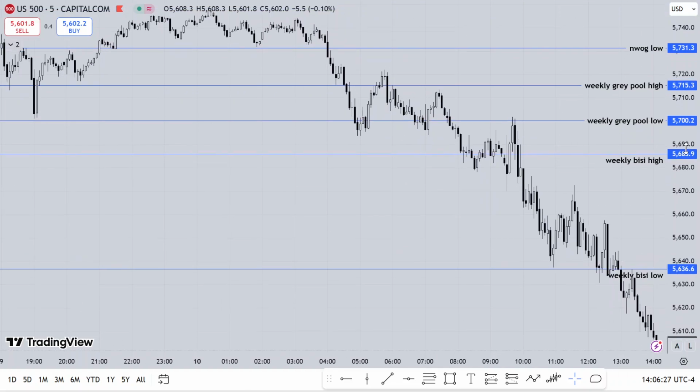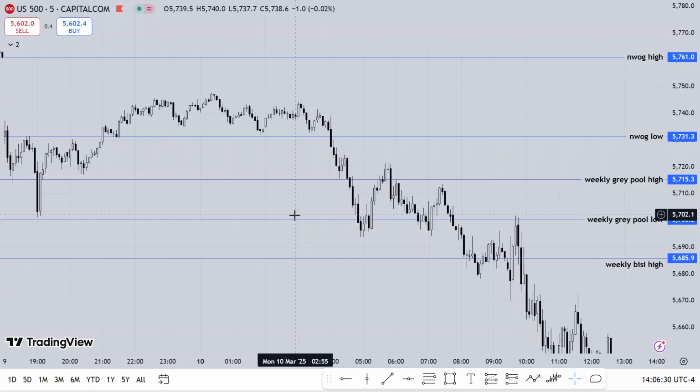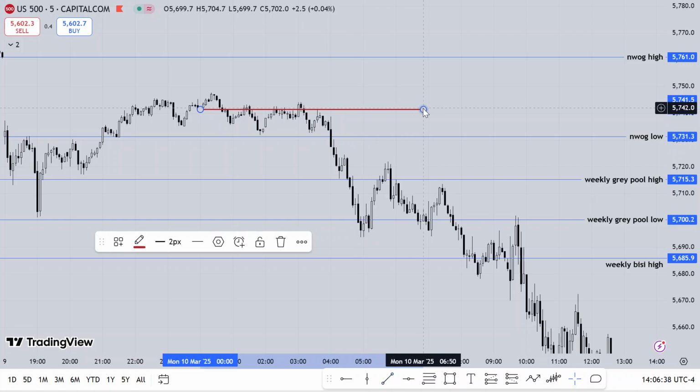Now, because we've understood that going into the New York session, we are going to be trading the continuation of what went on during the London session, we indicate the midnight opening for London.